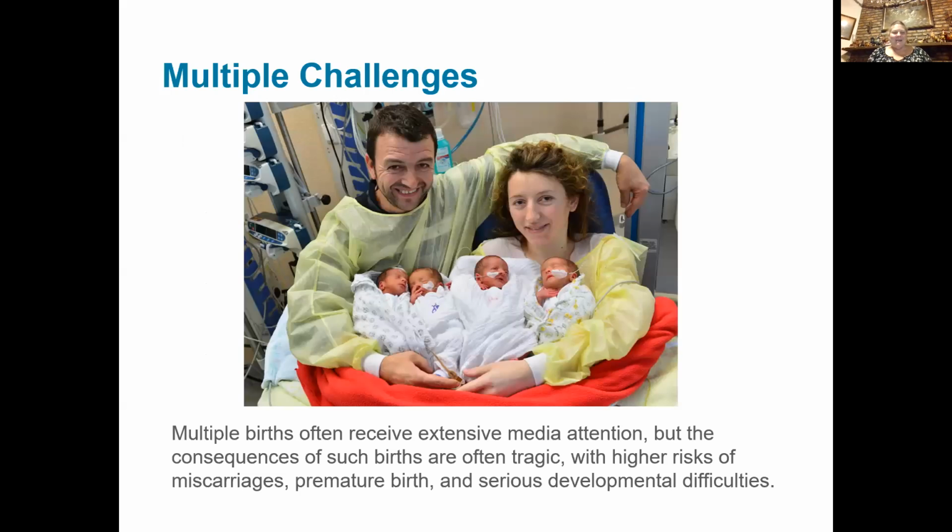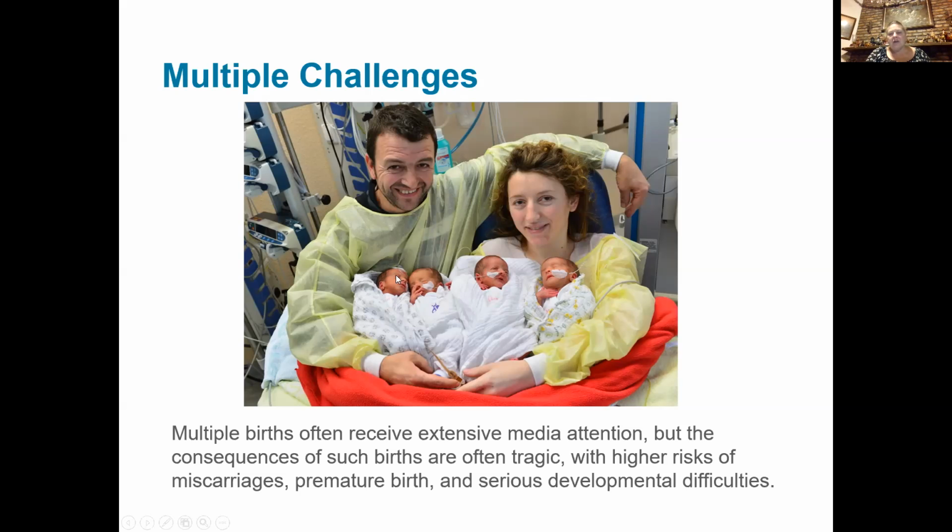Multiple births often receive extensive media attention, but the consequences of such births are often tragic, with higher risk of miscarriage, premature birth, and serious developmental difficulties. If you look at these little infants here, you can see we have one beefy one, 2 of them that look kind of beefy. This one's a little bit scrawnier, and then this little guy, he's tiny.